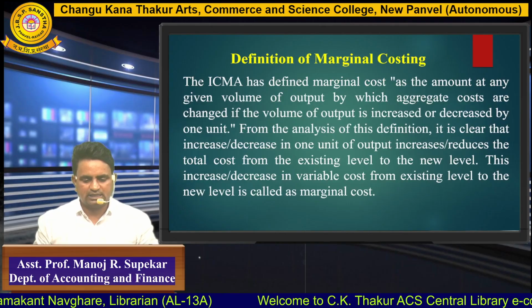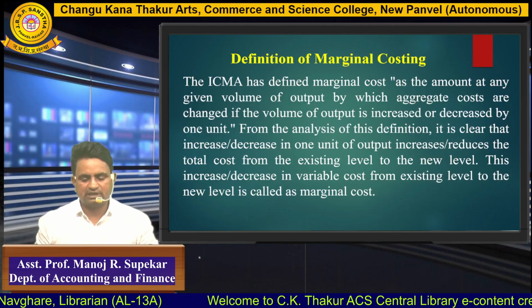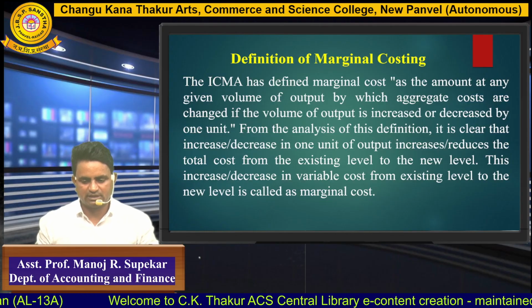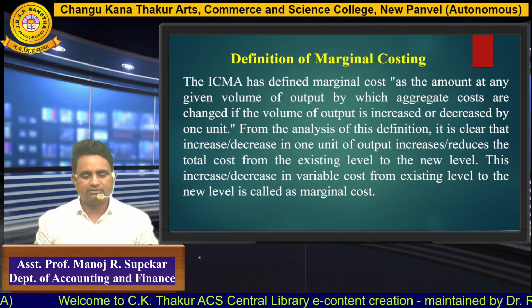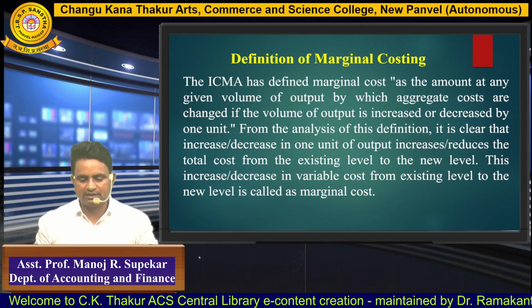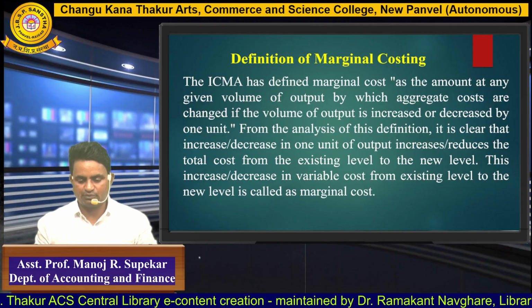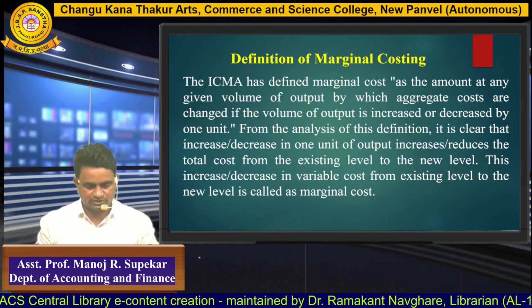Students, as per the ICMA, there is a very clear definition of marginal costing. Marginal costing means the amount at any given volume of output by which aggregate costs are changed if the volume of output is increased or decreased by 1 unit.